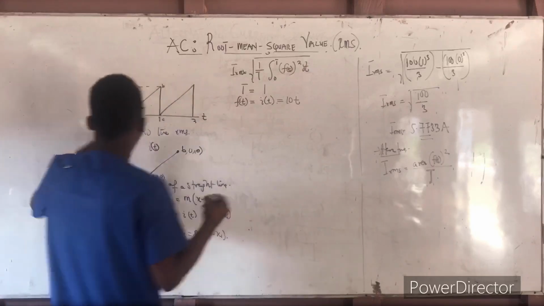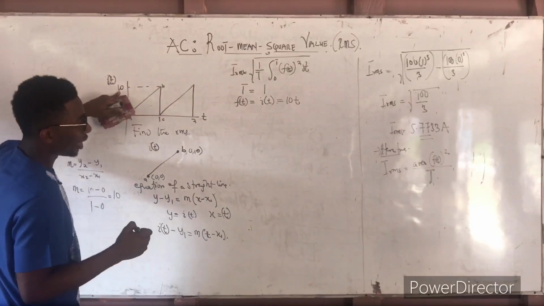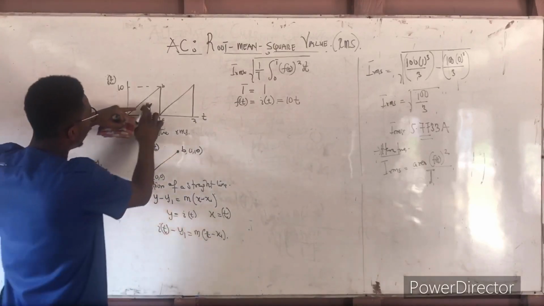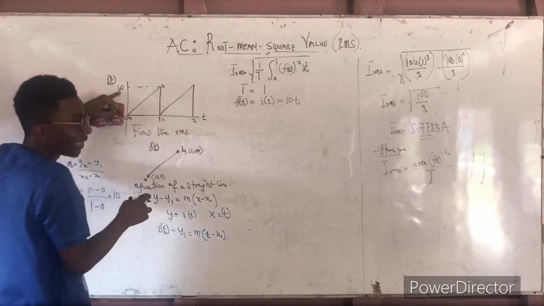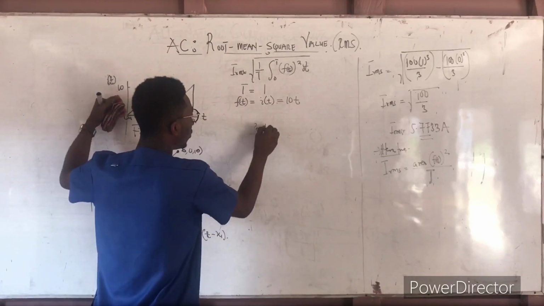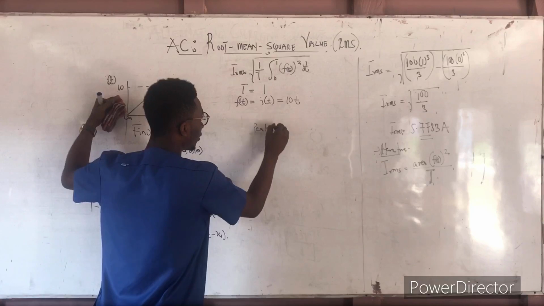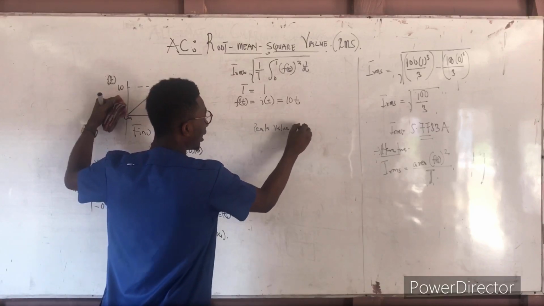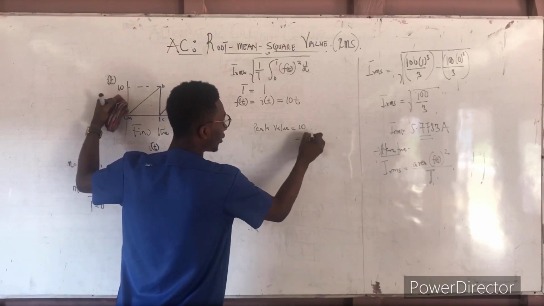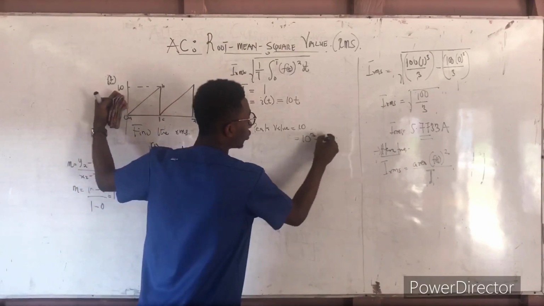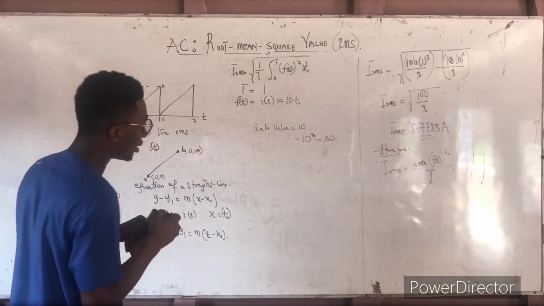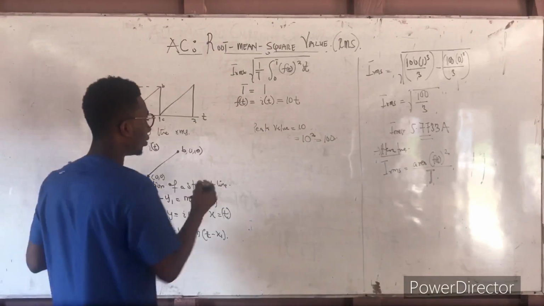Now, this is the function f of t. We square that particular function. The cycle here has a peak value of 10. So now we square that peak value, which is 10 squared, and it's equal to what? 100.